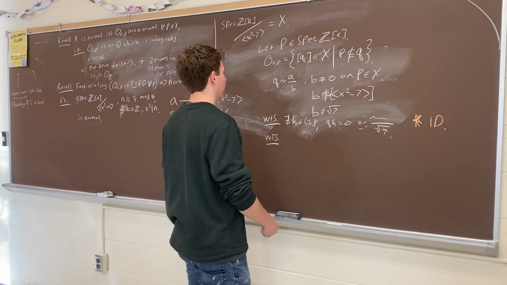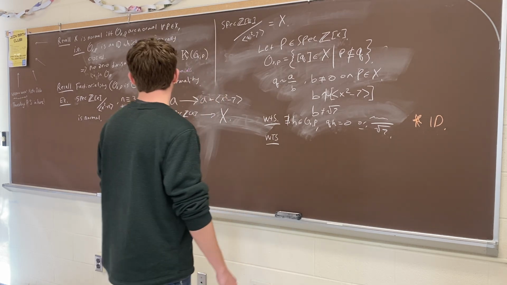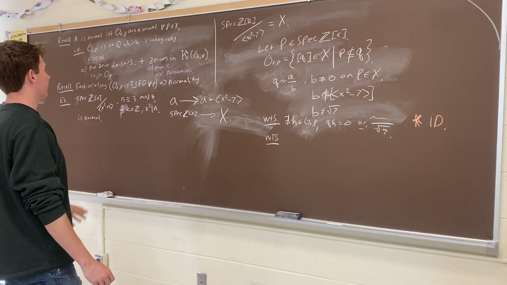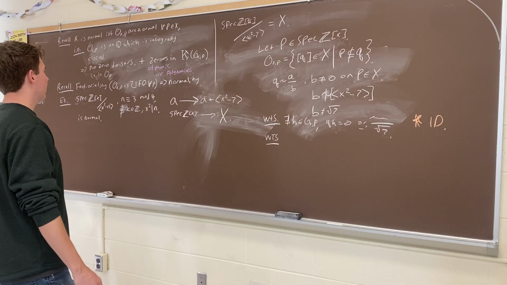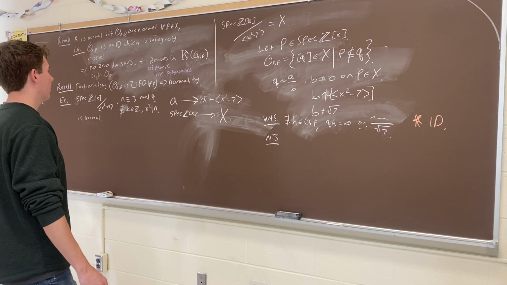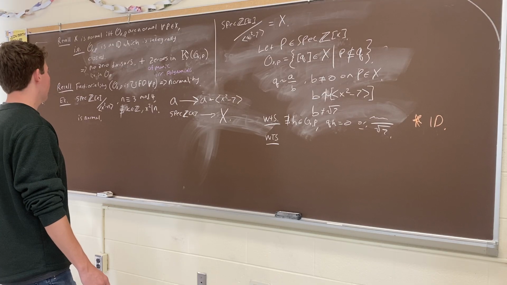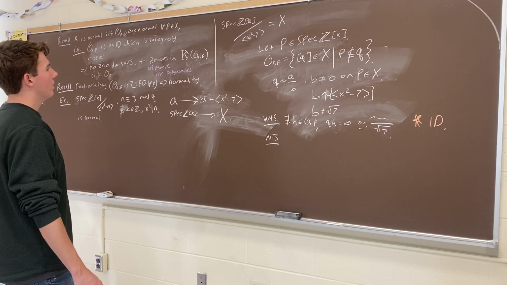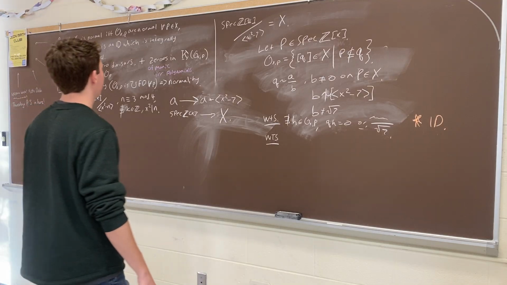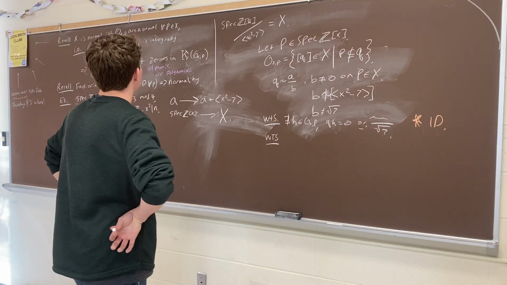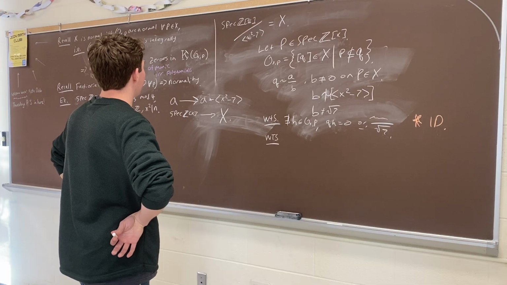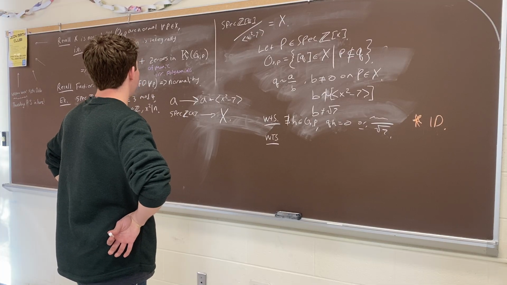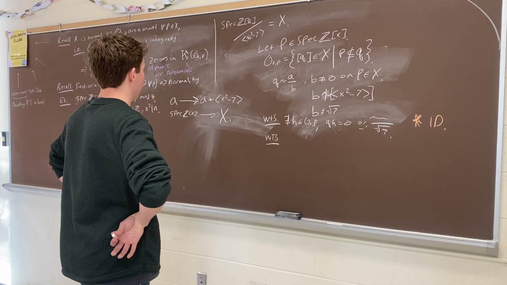And so we want to show that the zeros of that lie in spec Z over x. That is marginally more difficult. Hold on. So it's not saying that they need to lie in spec C over x. It's saying that they need to lie in spec C over x mod x squared minus 7.